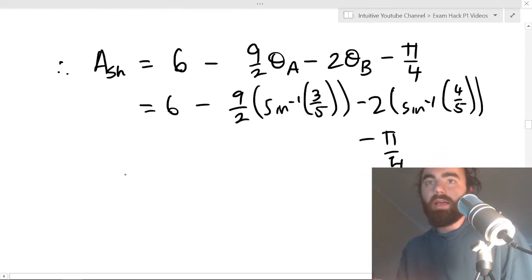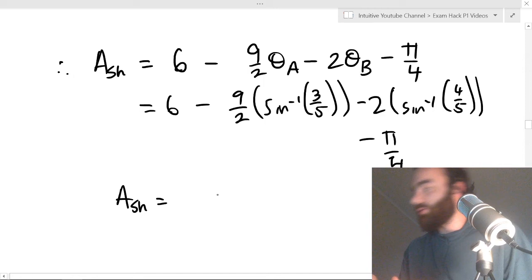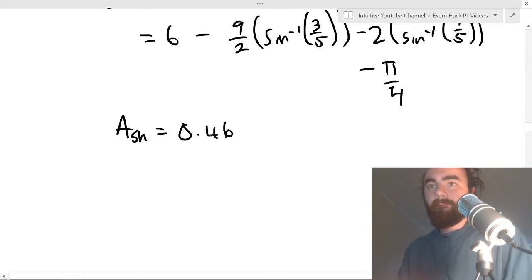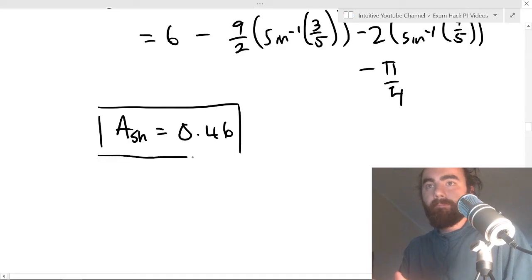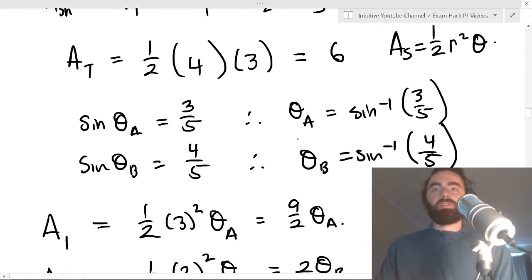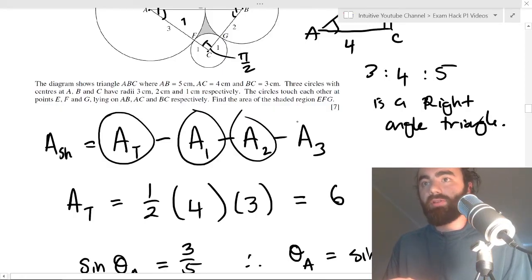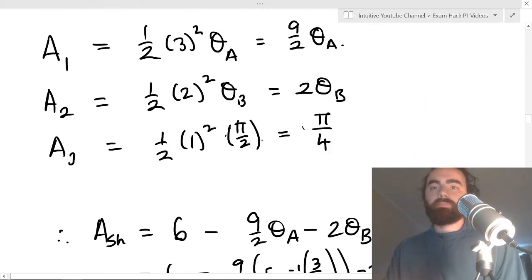And if you put that in your calculator, you're going to get a shaded region of, I got 0.46. Okay, so yeah, the best advice for that is just work out each component individually and take your time with it.